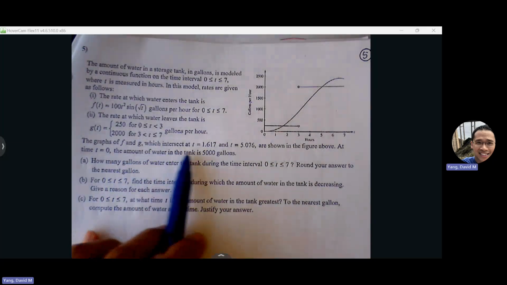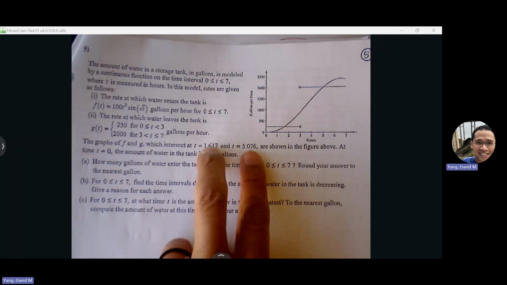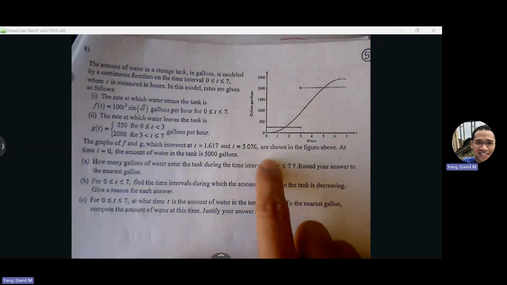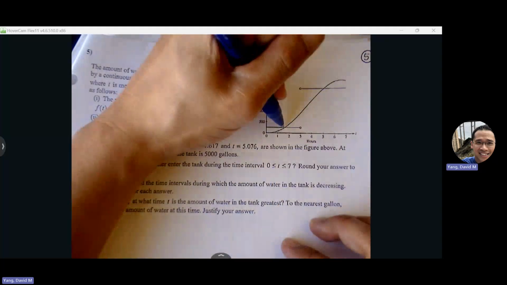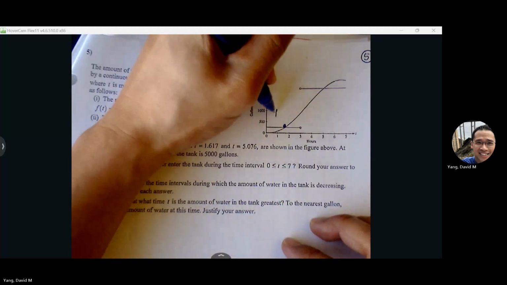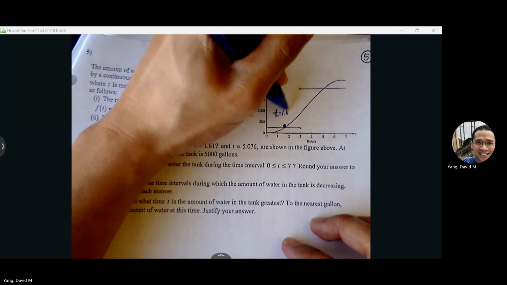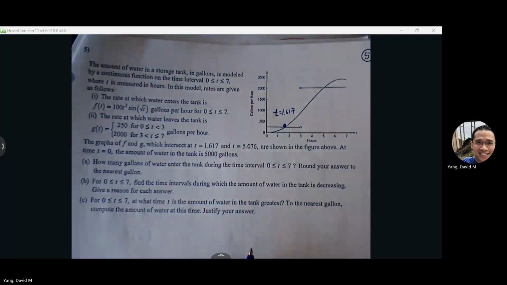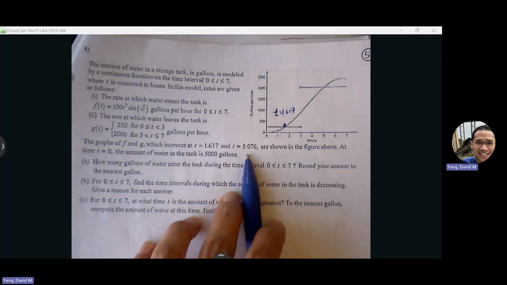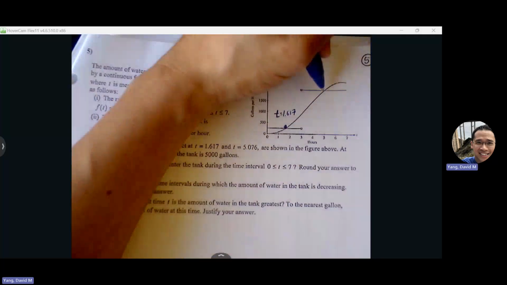This is saving us a little bit of time. We don't have to graph and find the intersection. They're telling us that intersection, which will be helpful to us. The first is at 1.617, and the second is at 5.076.